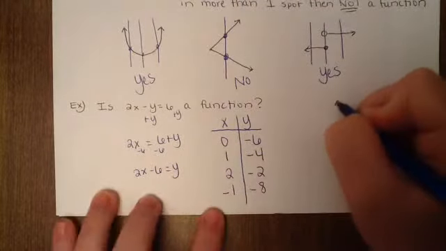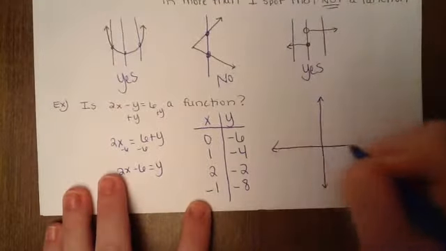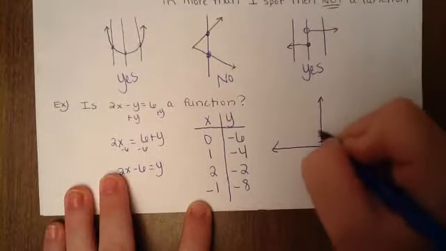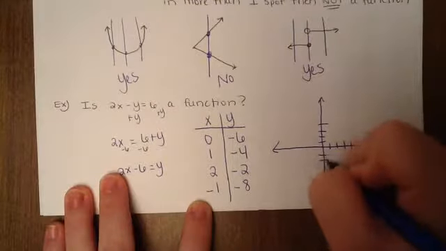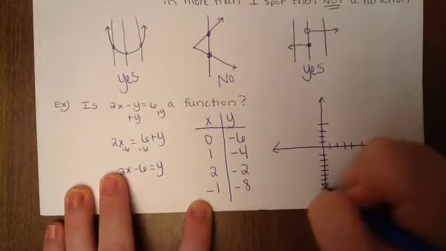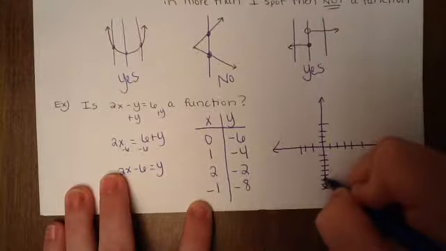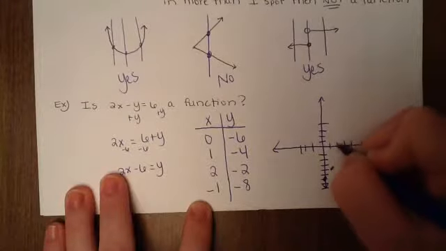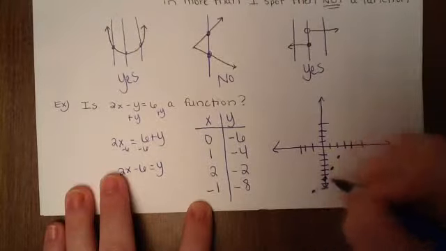So if I graph these, 0, -6, 1, -4, 2, -2, -1, -8.